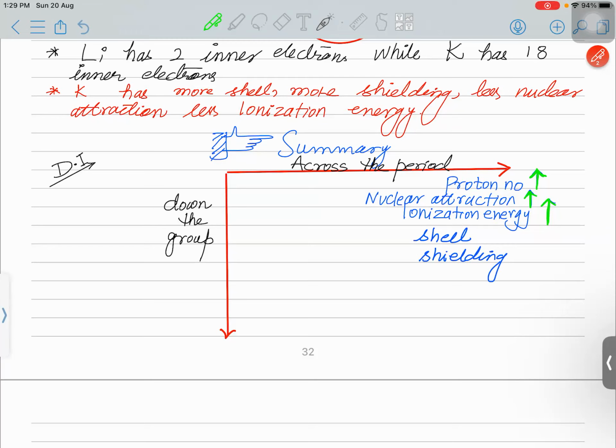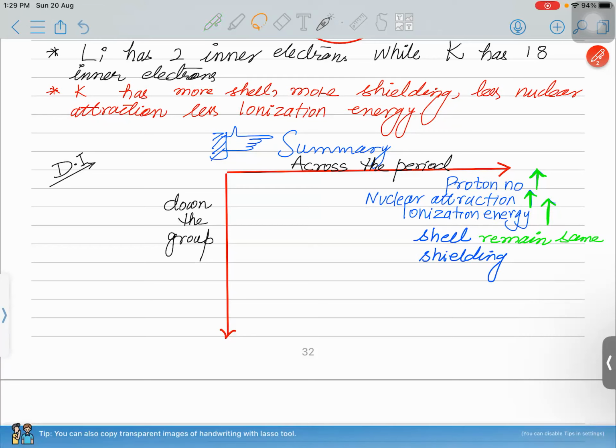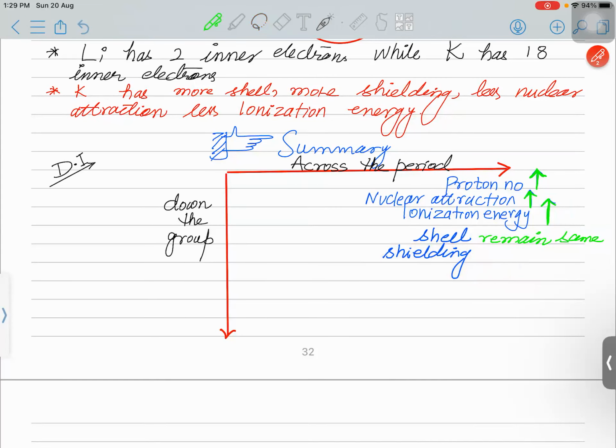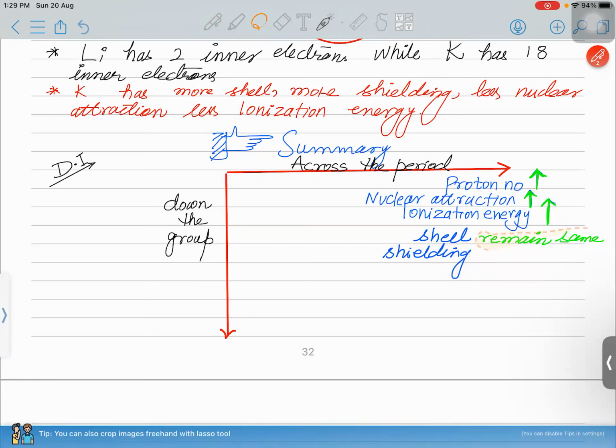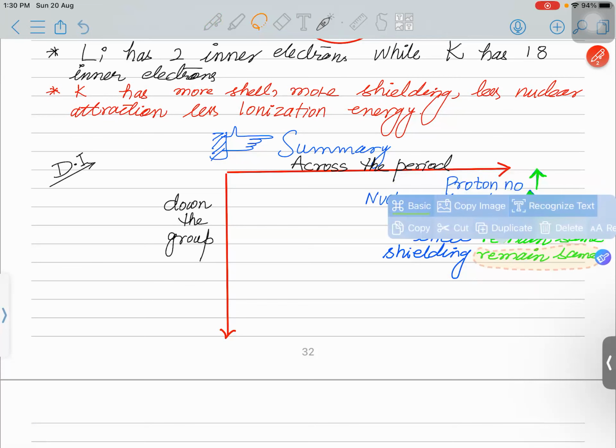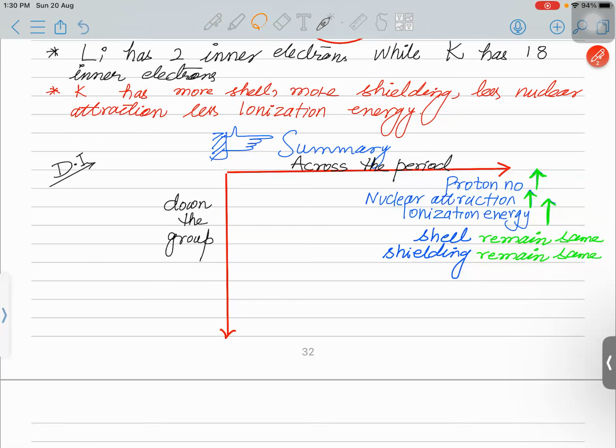It remains the same, very good. And what about the shielding? It will also remain the same. Both remain the same, correct.